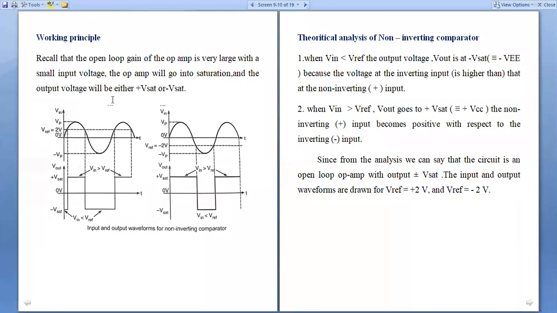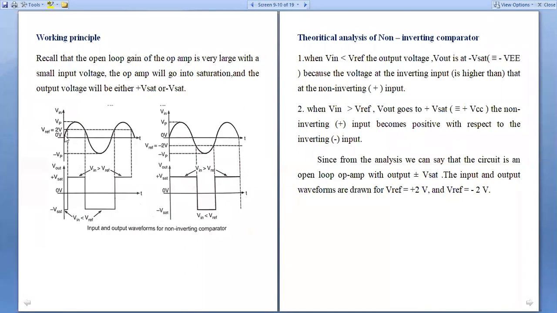How can we analyze this particular structure? See, when the input voltage is less than the reference voltage, at the initial condition, that is 0 volts, and the reference voltage is 2 volts, the input voltage is less than the reference voltage, there is an existence of negative saturation voltage.